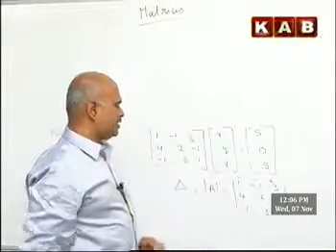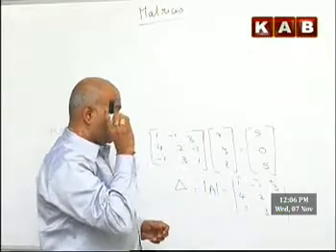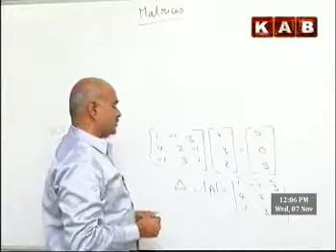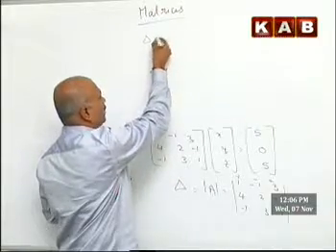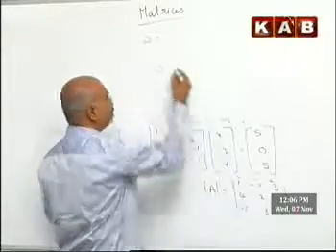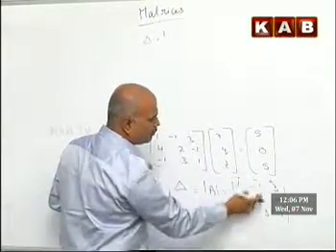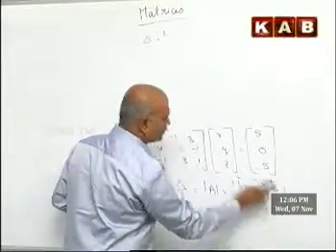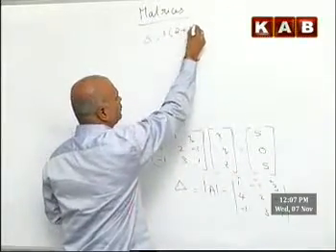So, in this case, we may expand this part by using this formula. Here, delta is equal to, I can write, 1 into eliminating this row and this column, what we get is 2 plus 3, that is 1 into 2 plus 3.